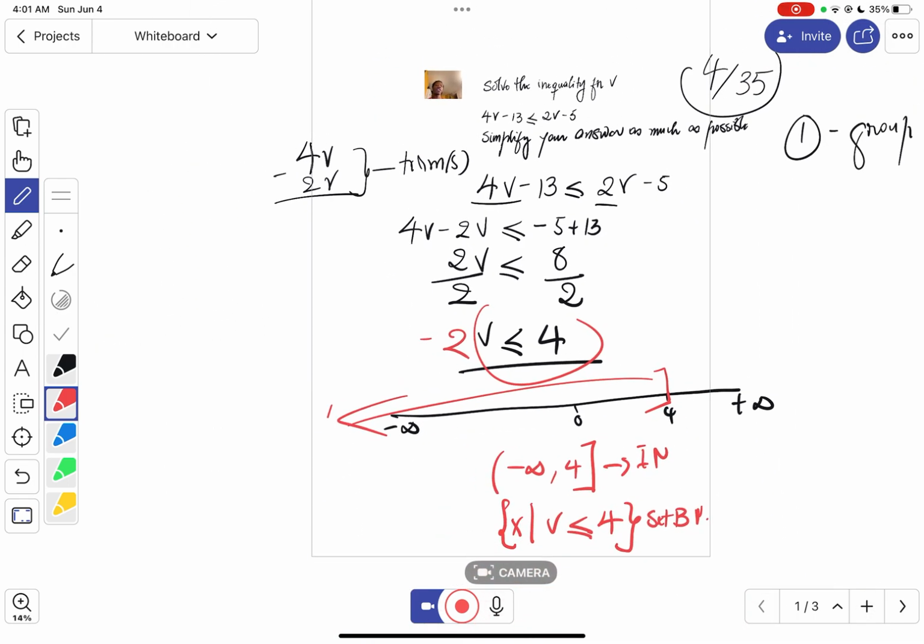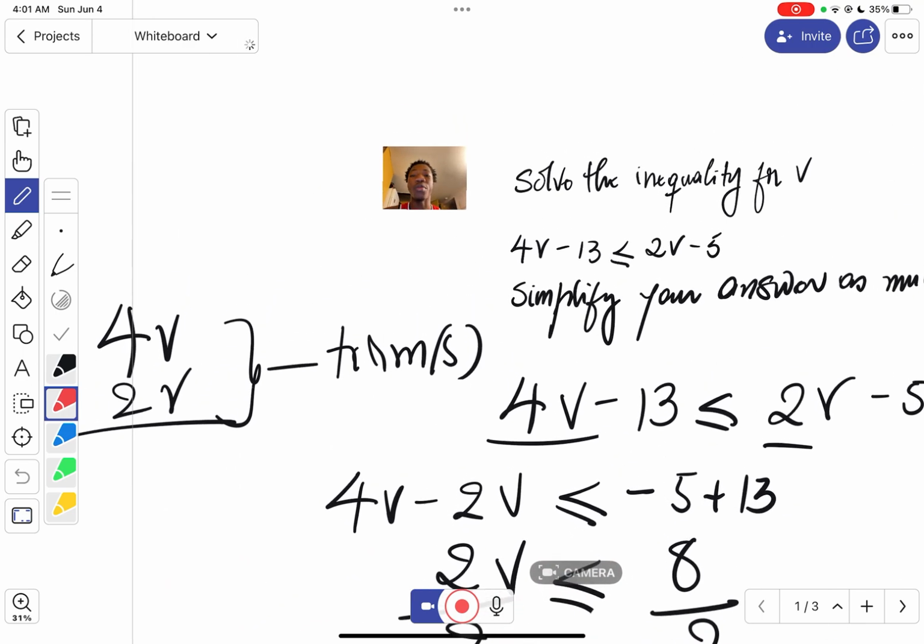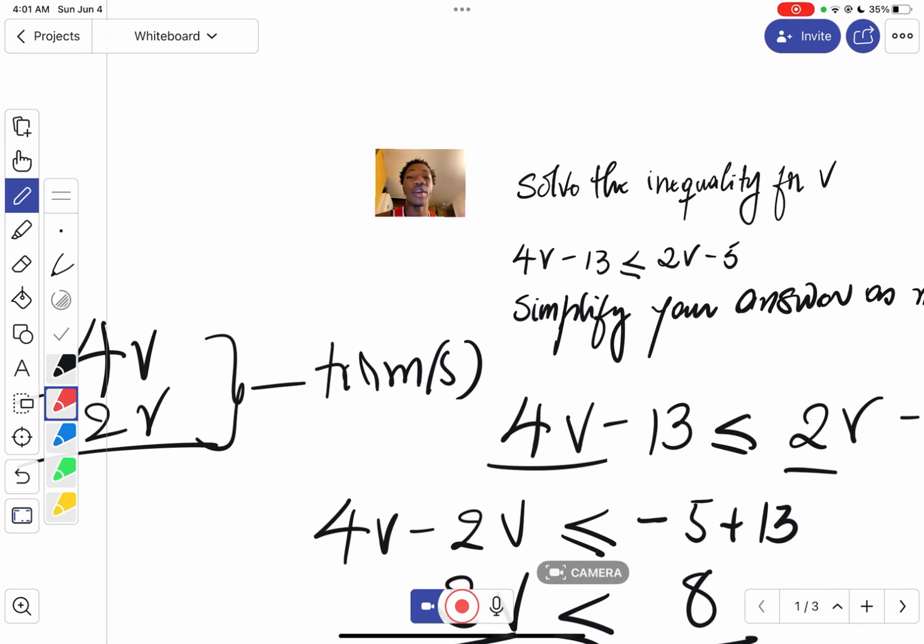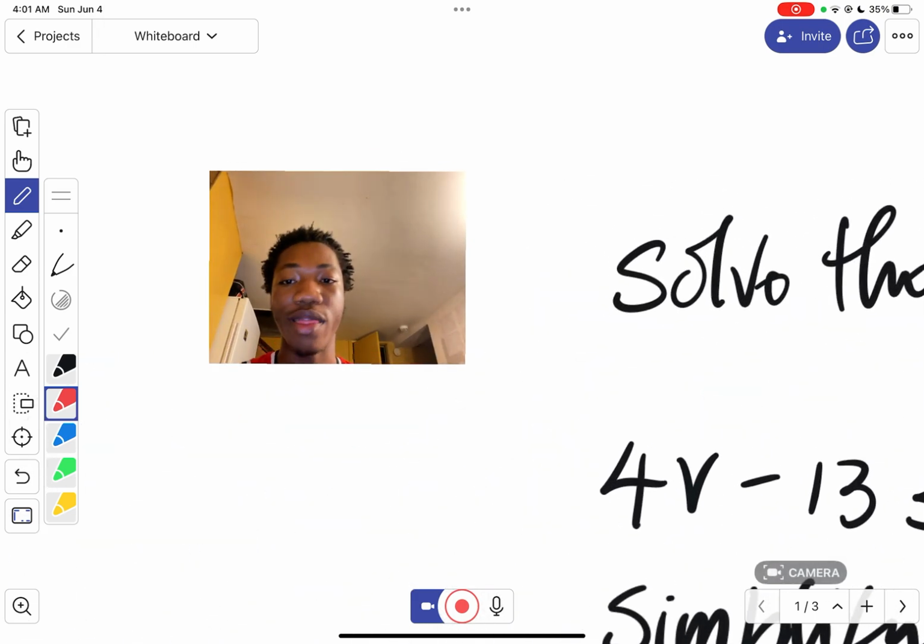So the graph, the set notation and interval notation are not needed for the exercise. You don't have to really worry about it. But I did it to explain and make it much clearer for the people who were not comfortable yet with graphing.